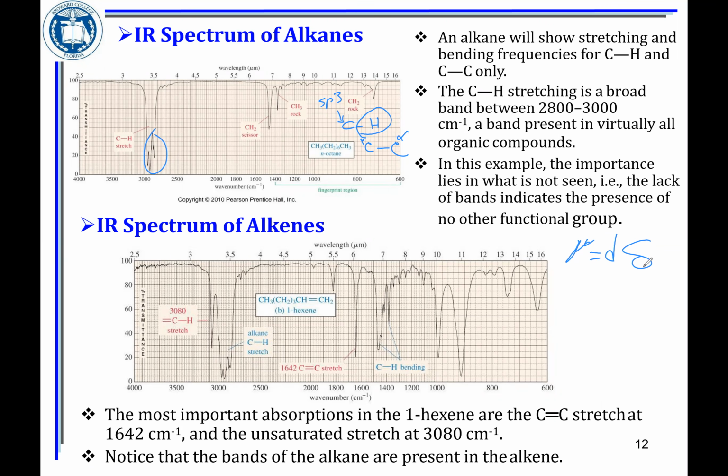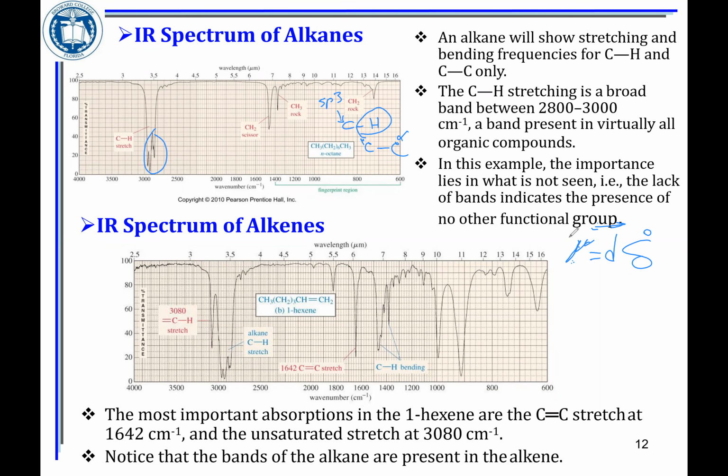If the value of delta for an alkane that is completely nonpolar is 0, it doesn't matter how much you stretch. The value for mu is not going to change, and since it's not going to change, we are going to have a very weak peak, or we don't see it.